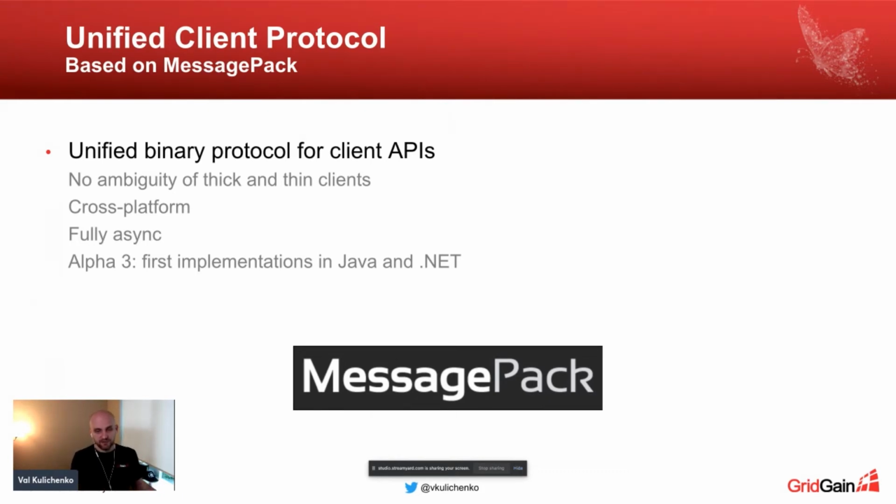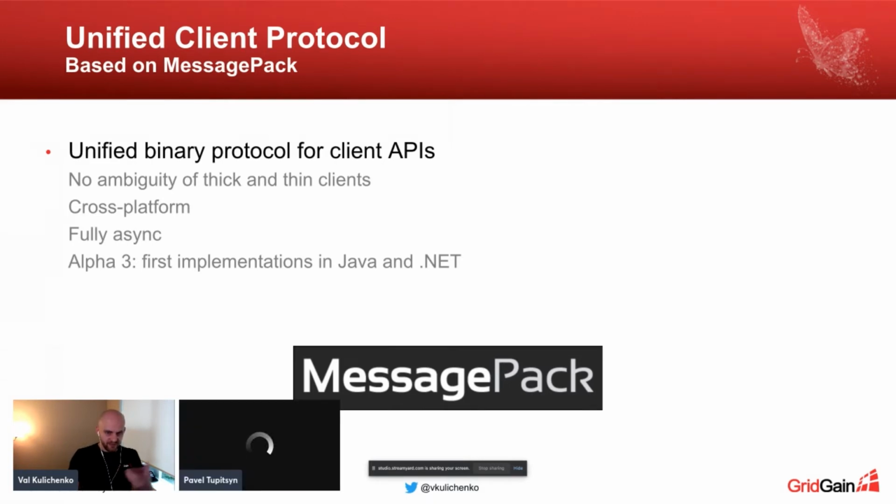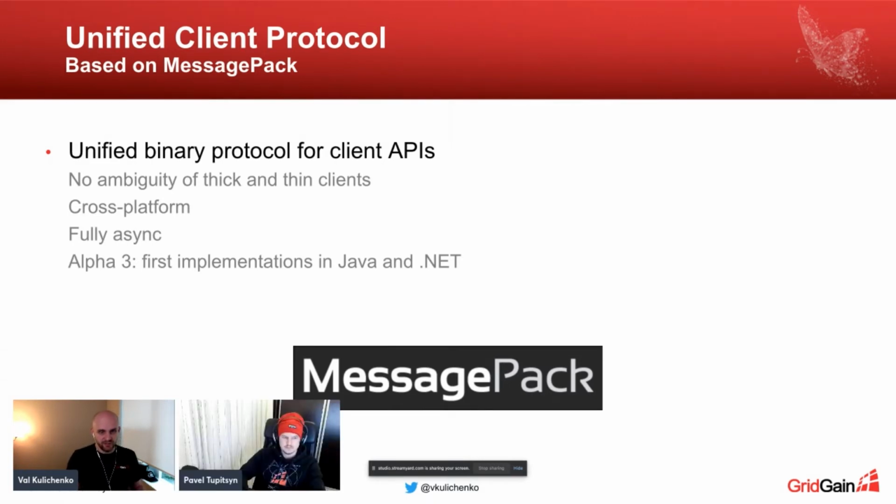And in Alpha 3, this protocol supports the table API that I've mentioned before, and also provides implementations in Java and .NET. And after I finish here, Pavel will talk about this in a little bit more detail, about the protocol itself, as well as the implementation in .NET.